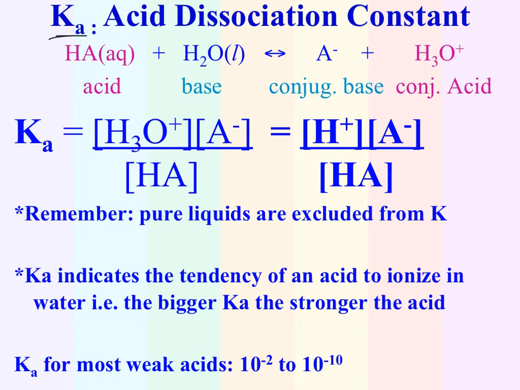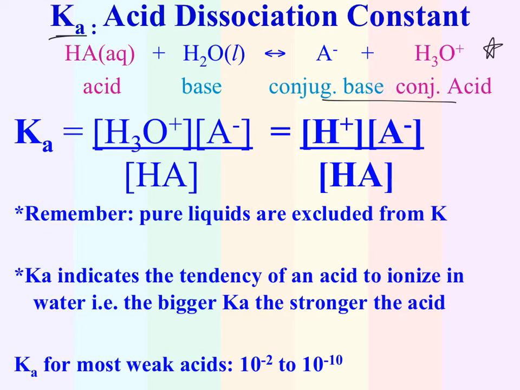Right here we have a generic acid dissociation setup. We've taken the acid, dissolved it into H2O, and subsequently produced our conjugate acid and our conjugate base. When writing an acid dissociation constant expression, or the equilibrium expression, we take our products and put them over our reactants with respect to whatever coefficients are present.